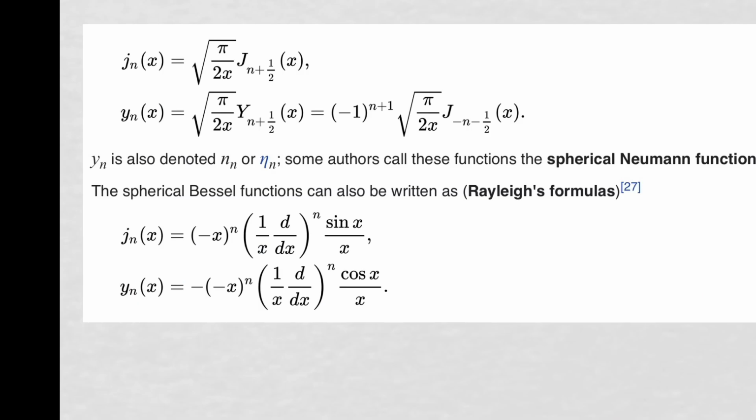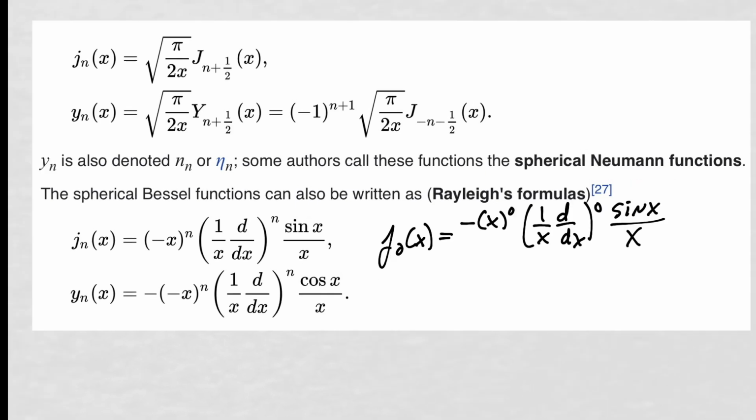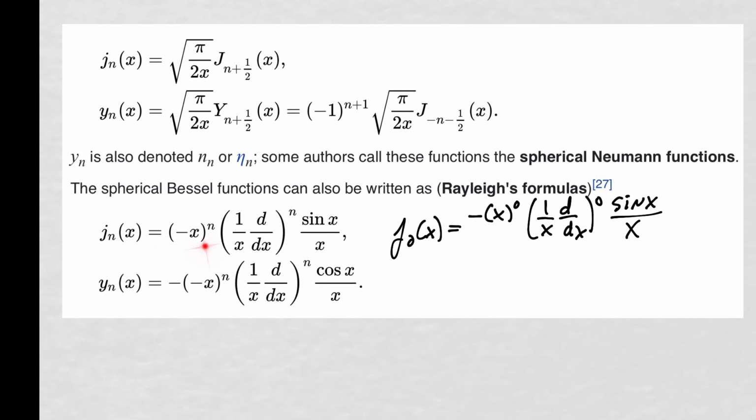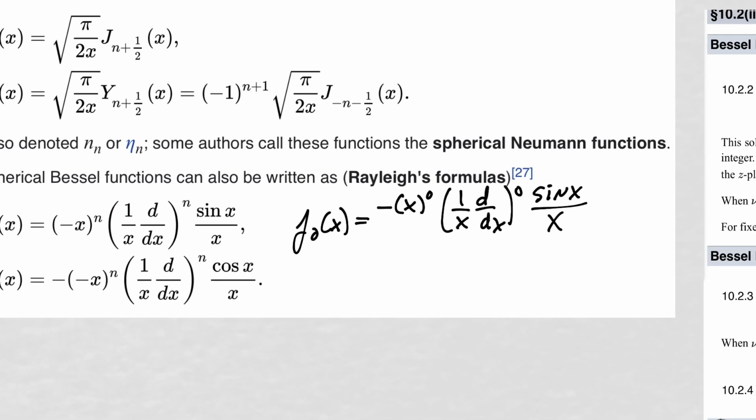Well, let's go back to J0. Let's just plug into our expression with n equals 0. This guy goes to 0. This differential operator doesn't act at all, so this stuff just goes away. And what are we left with? We're left with sine x over x.